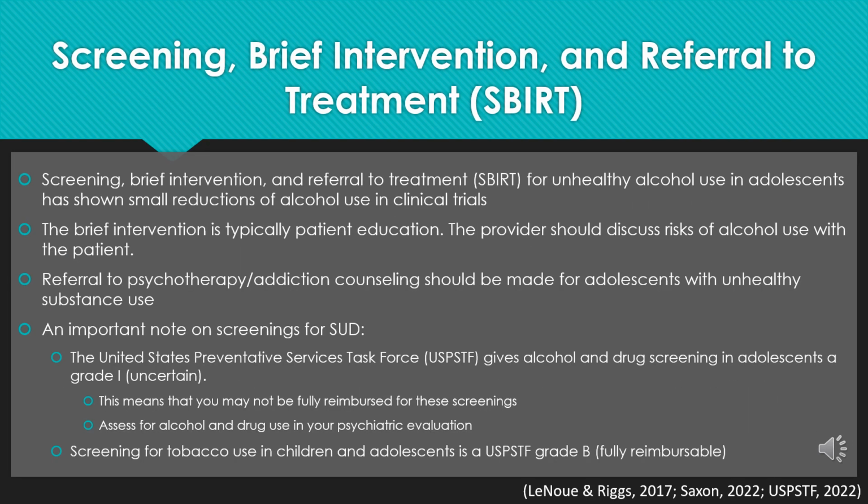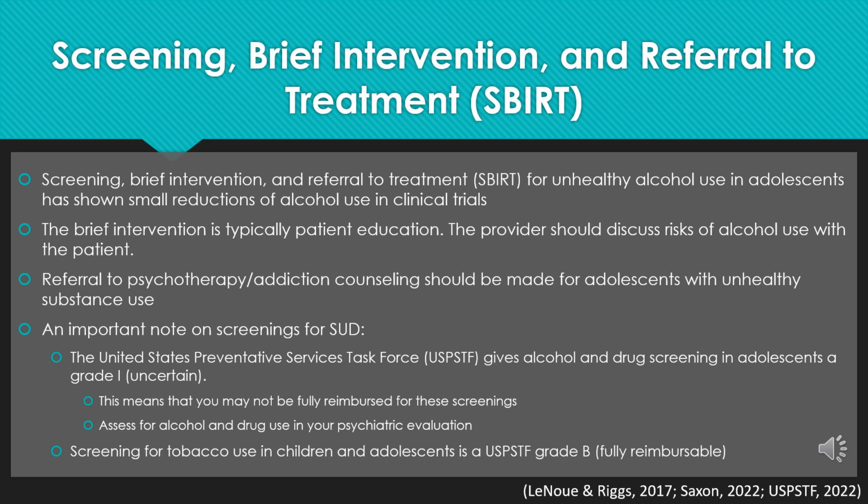Screening, brief intervention, and referral to treatment, known as SBIRT, is a good intervention for adolescents with unhealthy alcohol use. The brief intervention is usually patient education, and the referral is usually to psychotherapy or addiction counseling. An important note on screenings for substance use disorder: alcohol and drug screening in this population was given a grade I, so uncertain, by the United States Preventive Services Task Force.